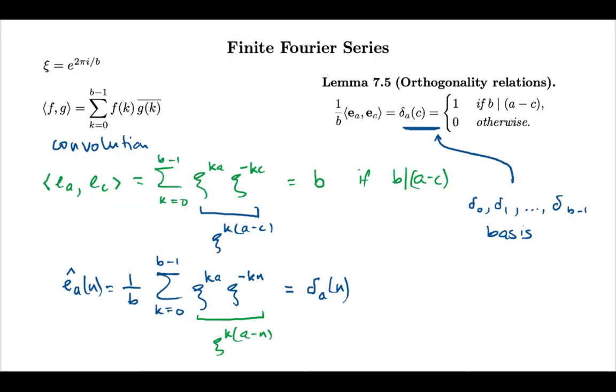Let me remind you from the previous video that we discussed the inner product of two periodic functions. We will always fix a period b. And whenever I write xi, I mean the first bth root of unity, e to the 2 pi i over b.